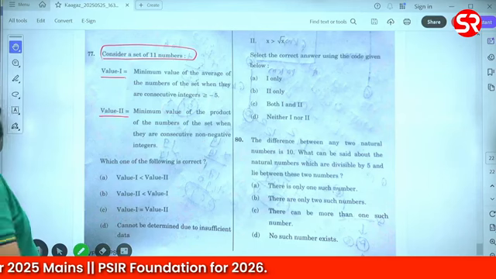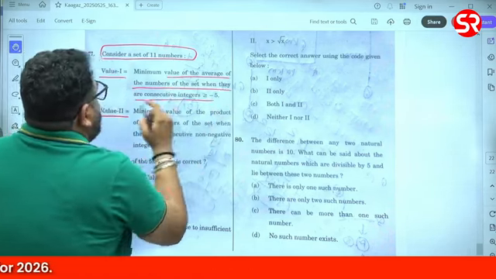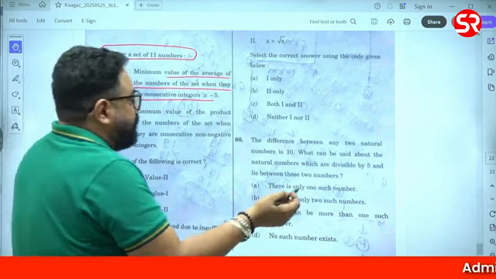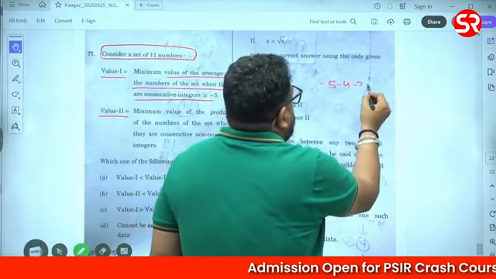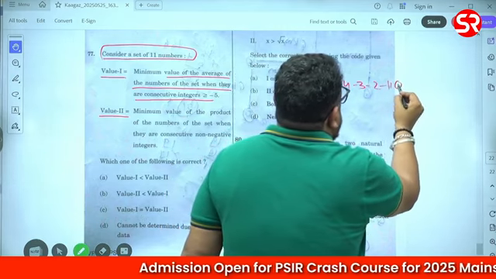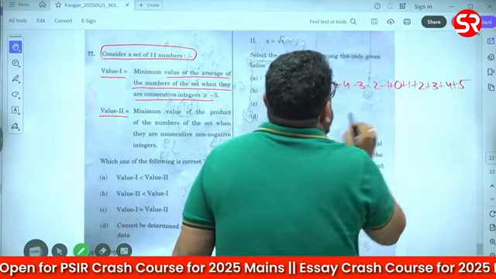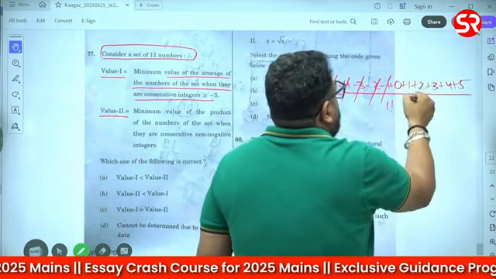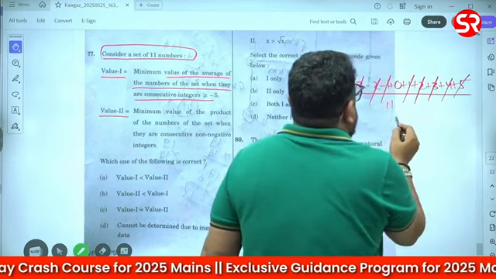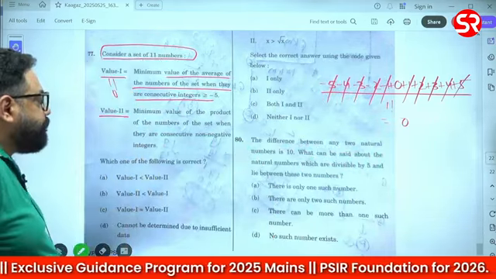So he says minimum value of average of the numbers of the set when they are consecutive integers greater than or equal to -5. So if you take -5, -4, -3, -2, -1, 0, 1, 2, 3, 4, and 5, and you divide it by 11, you see these would all cancel off. So minimum value comes out to be 0.